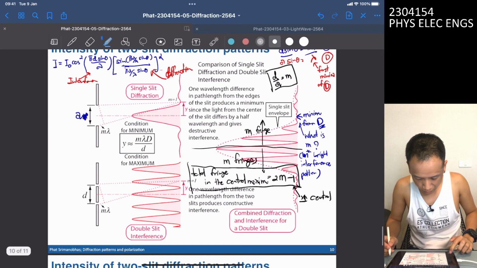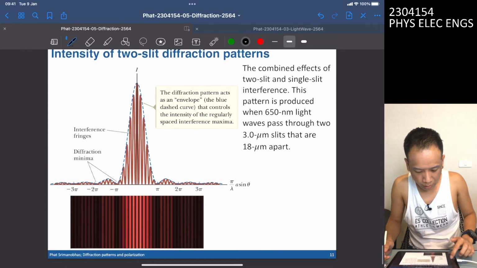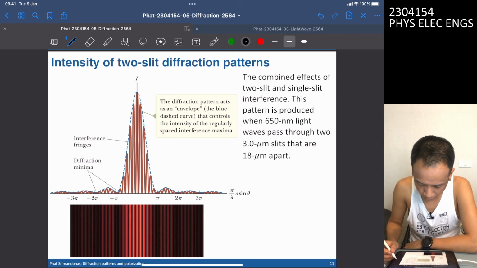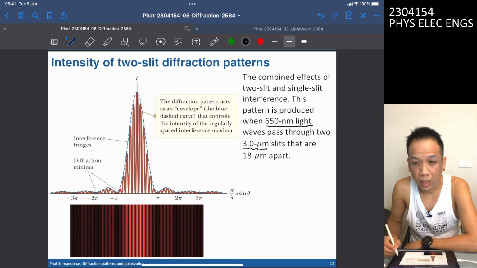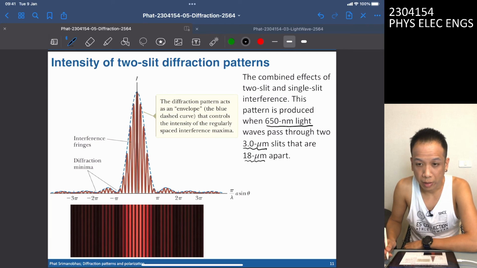Okay, so I take one example as the last one. So we're talking about the 2 slits. Okay, so in this case we use light with a 650 nanometer wavelength, passing through 2 slits, where the slit width is 3 micrometers, and the distance between the 2 slits is 15 micrometers.